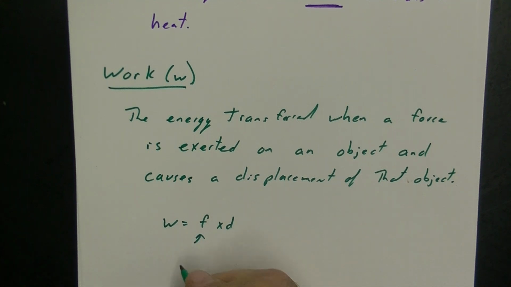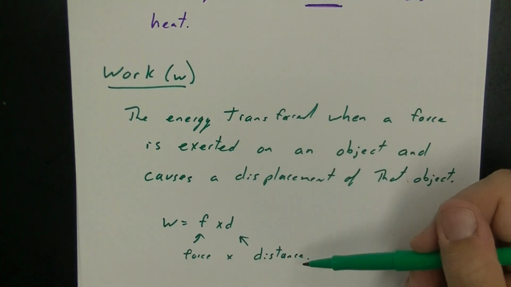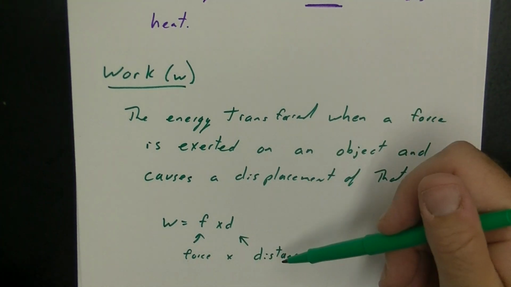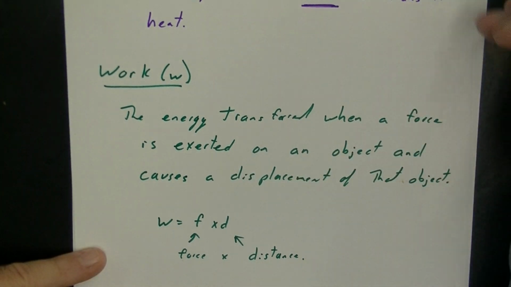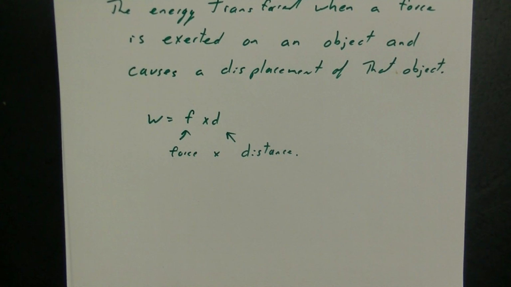So our work equals force times distance. I am not going to bore you with doing some work problems, so those are pretty simple, but that's how we define work. So we need this work definition to go along with what energy is. All right?